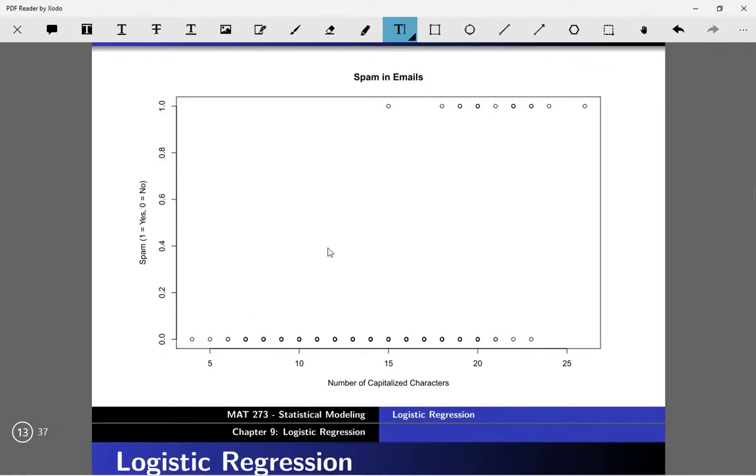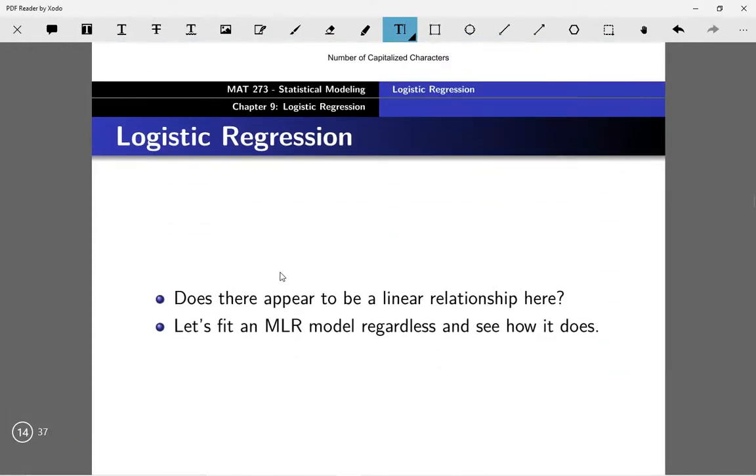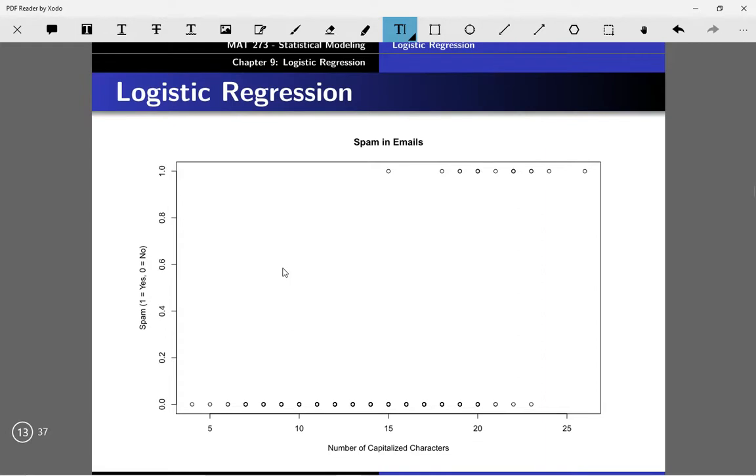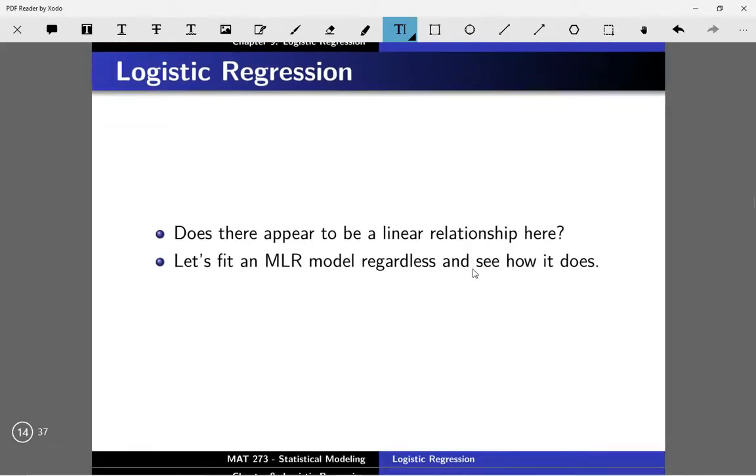But again, we could still fit a straight line here using regular linear regression and see what happens. Right off the bat, though, we do see if there's a linear relationship present between number of capitalized characters and whether it's spam or not. Doesn't really seem like a linear relationship. So that already seems violated in terms of the assumptions here.